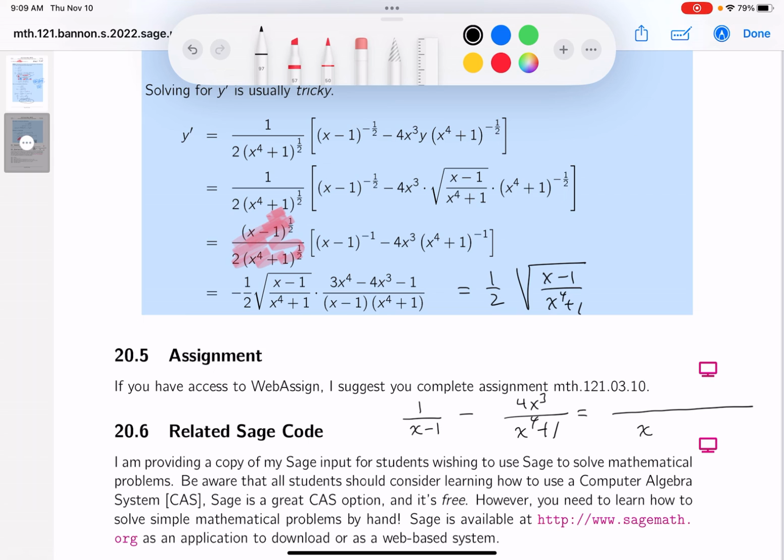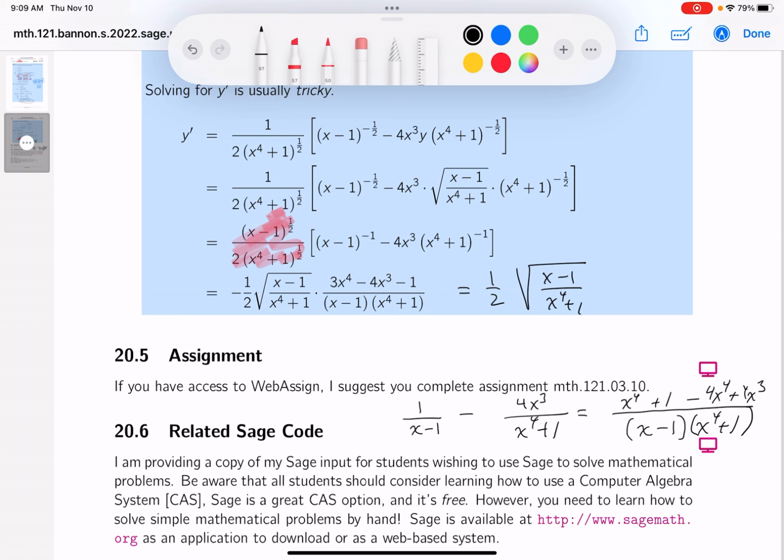That would be (x - 1) times (x^4 + 1). That doesn't look right. Let me erase that, try to do it a little bit neater. It's (x^4 + 1) minus 4x^3 times (x - 1), which is minus 4x^4, and then plus 4x^3.